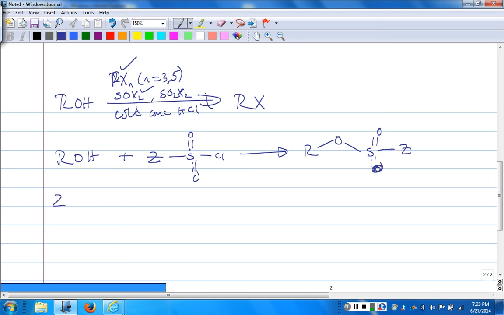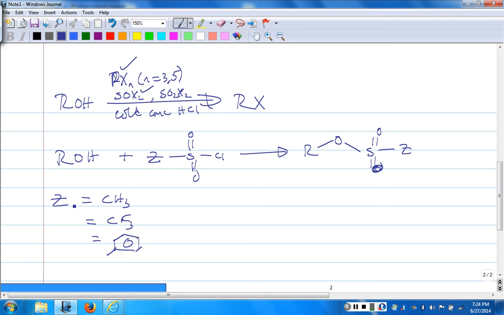Z could be really any number of species. By far the most common versions of Z are methyl, trifluoromethyl, and then a para-tolyl group. So you've got the methyl group in the para position on the benzene ring.